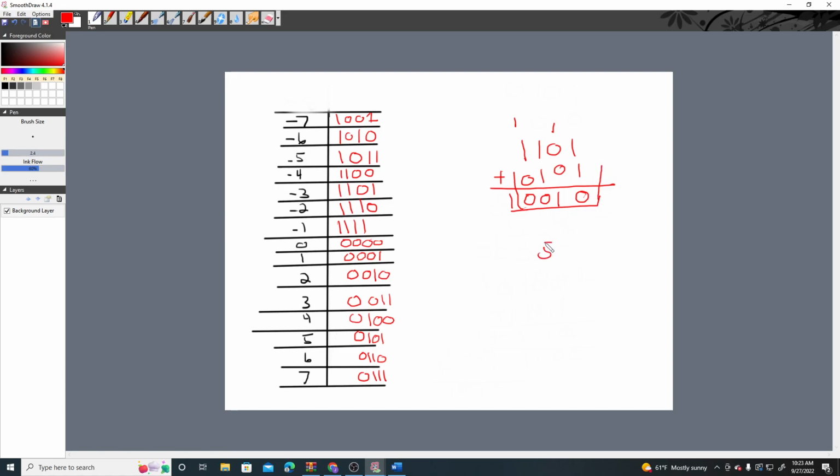So we have 5 plus negative 3 yields 2. And 1, 0, 0, 1, 0 is 2. We can just disregard this bit. Don't worry about that bit. In a computer, this would be a 4-bit number, so we would get rid of the 5th bit. So that works. Let's try another one.